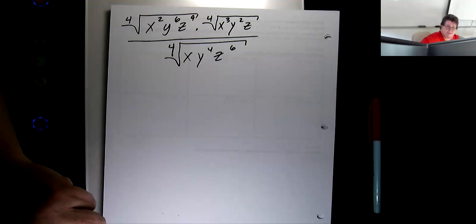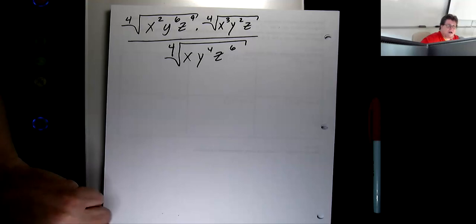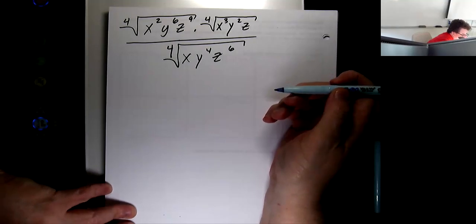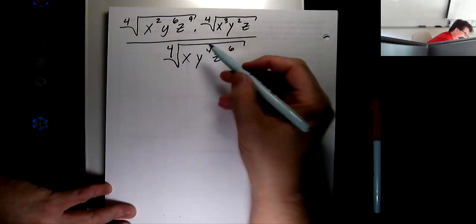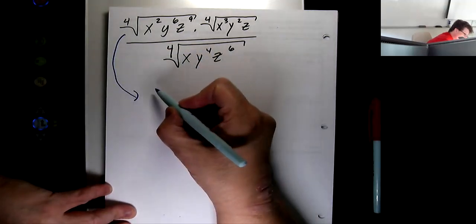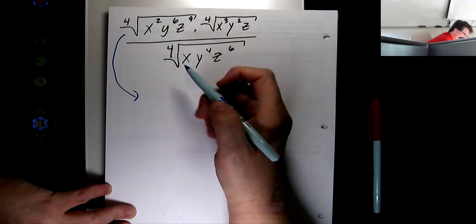How we doing? Okay, so what should I do? Multiply the top first. Okay, how do I do that? And you'd combine the two numerators.